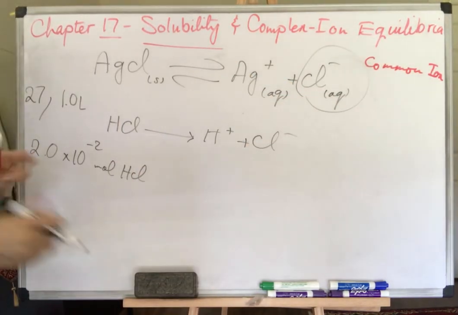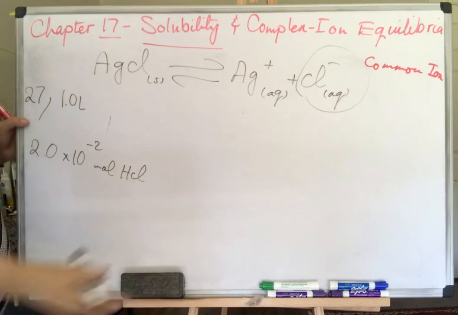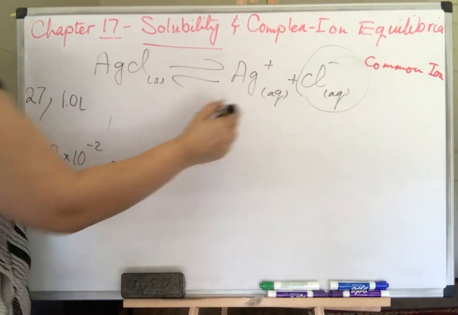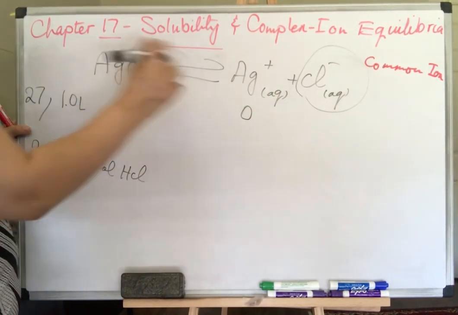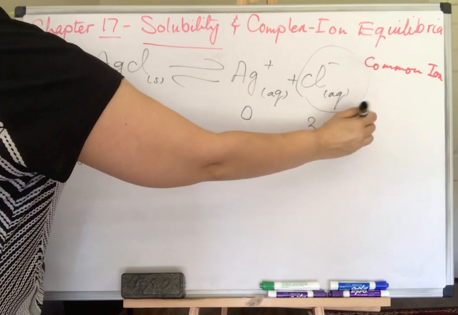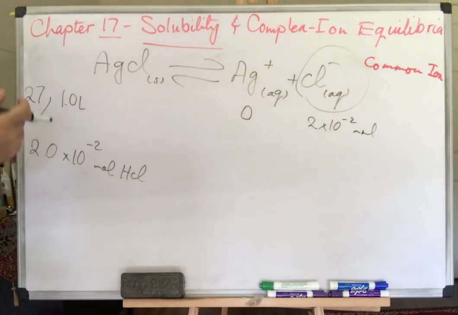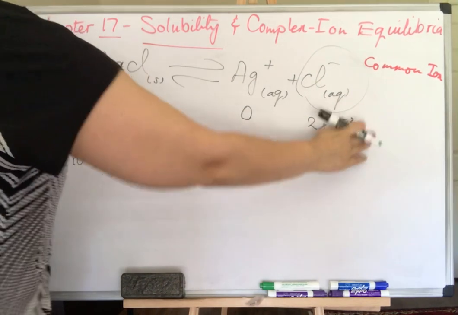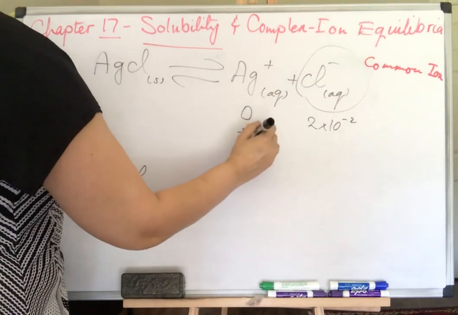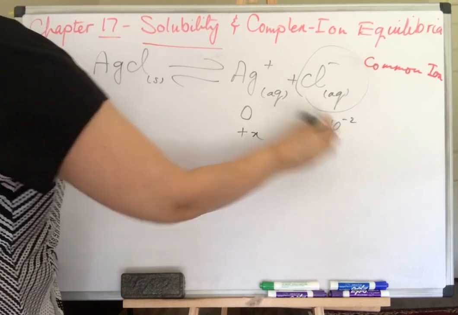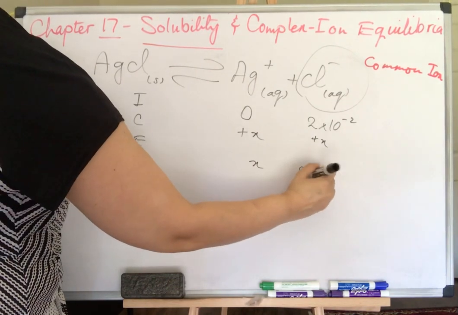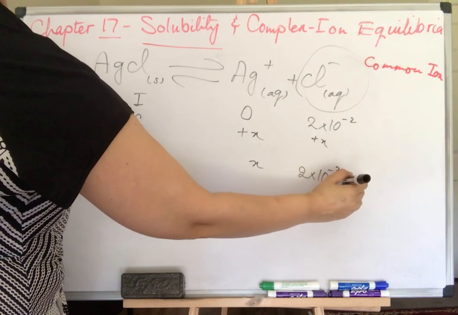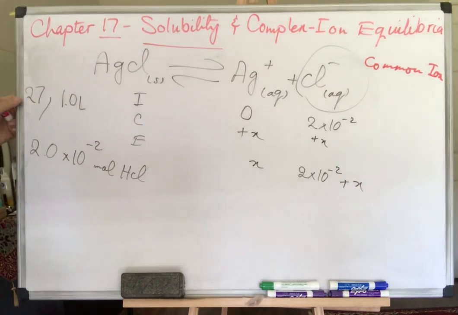Okay? That means when you build the ICE table, do you have 0 of chloride? No. You have 2 times 10 to negative 2 moles of it, and moles and molarity are the same because the volume is 1. During the change you have X and X. So at the end you have X and 2 times 10 to negative 2 plus X for the chloride.